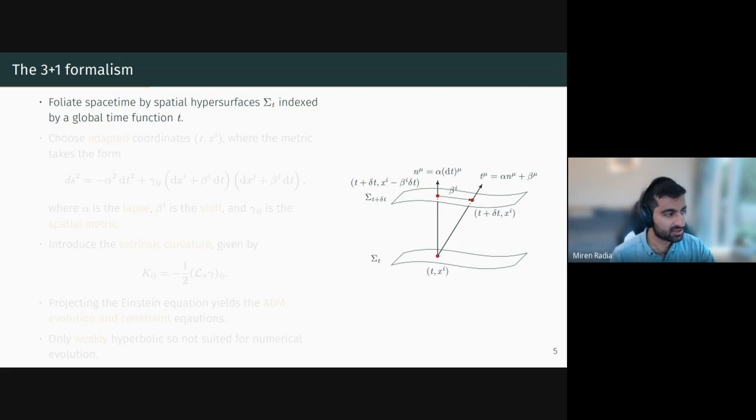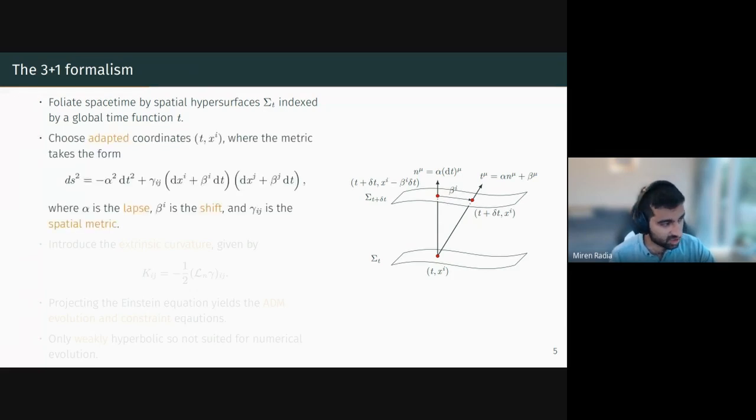So we use the 3+1 formalism to evolve, and in the 3+1 formalism, we foliate our space-time by a collection of spatial hypersurfaces, Sigma_t, indexed by a global time function t. We then choose adapted coordinates where the metric takes this form, where alpha is the lapse, beta^i is the shift, and gamma_ij is the spatial metric on each hypersurface.